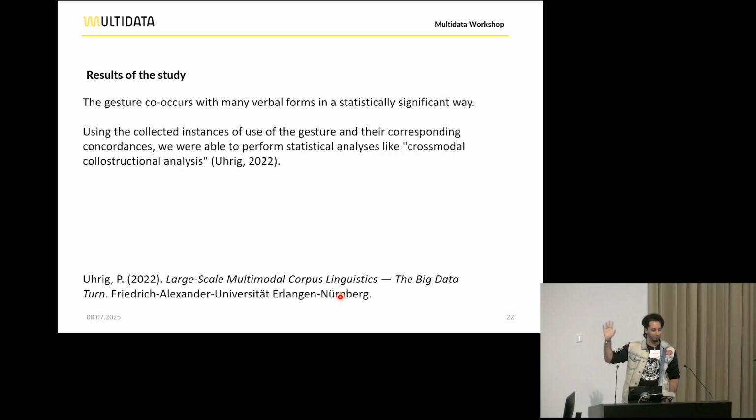You don't need to know how this works in detail, but all you have to know is that this is a method that allows you to rank words that occur within a particular construction or with a gesture, and you can see which one is most strongly associated with that construction. You can just rank them, and it gives you a lot of information about how the construction or the gesture is used.